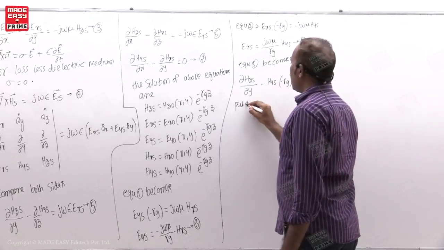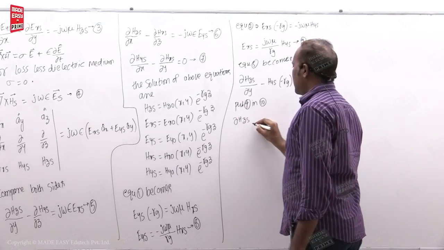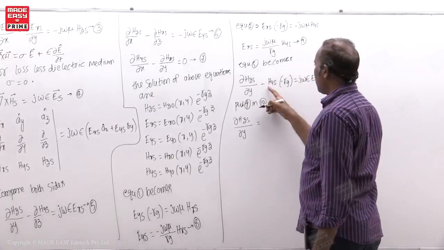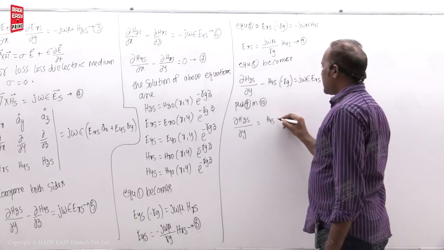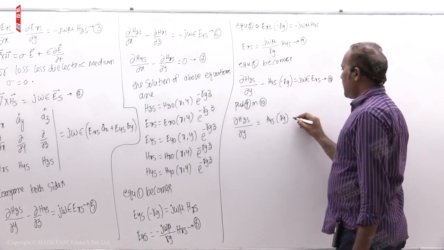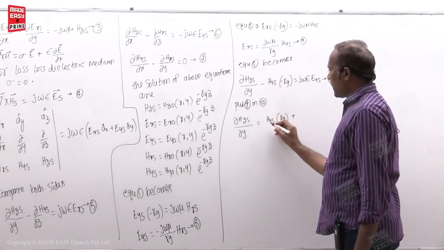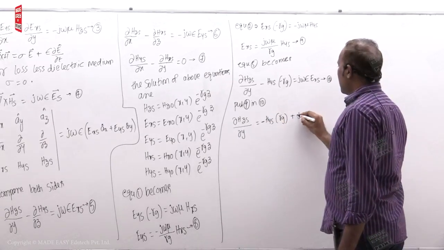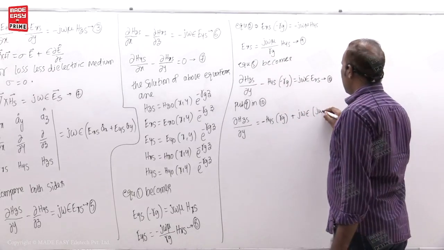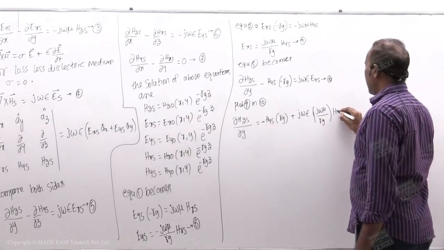Put equation 9 in 10, so that you get dou Hz divided by dou y is equal to, it goes that side, no? Plus, the plus is there. So Hys into gamma g, plus minus, no? This side is there, means plus, this side goes minus. Then j omega epsilon, in place of Exs we are putting j omega mu divided by gamma g, and this is Hys.